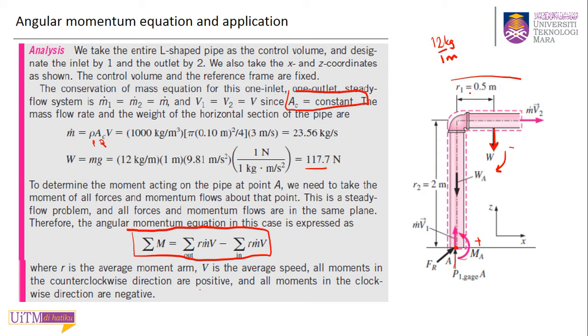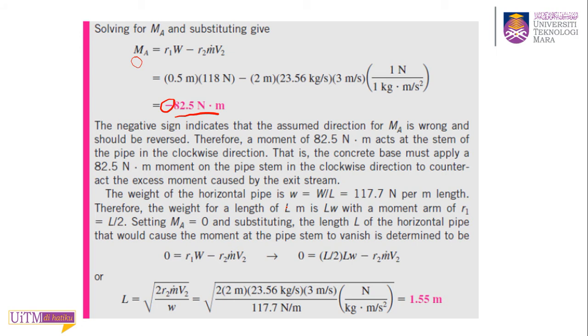That's why you have R1 as 0.5, because it is 1/2. So W is acting in the middle. You already calculated that W over L is equal to 117.7 Newton per meter length. So you can change the R1 here to equal L over 2.